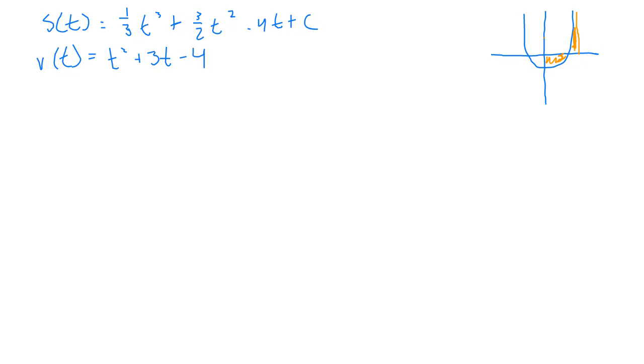Whereas what we want to find for our distance is those two areas added together. So in order to do that, we actually have to split this up into multiple integrals.